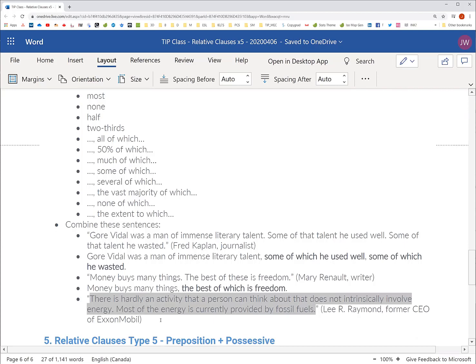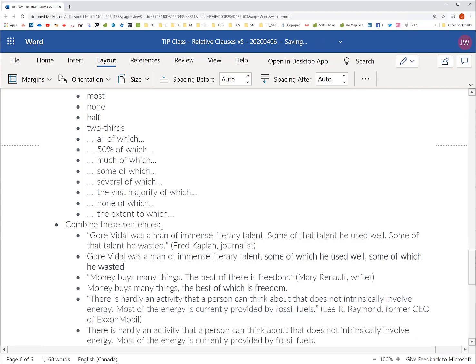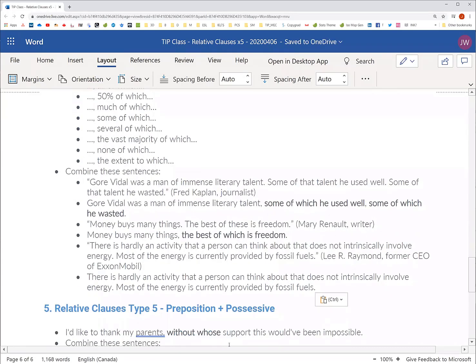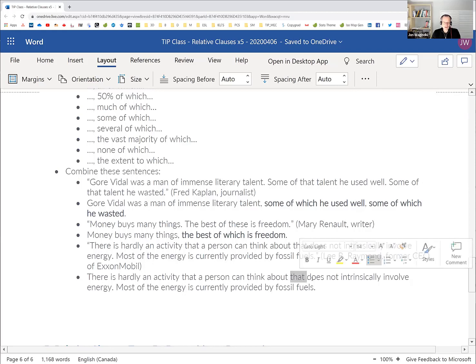Most of the energy is currently provided by fossil fuels. There is hardly an activity that a person can think about which does not. That is okay here.